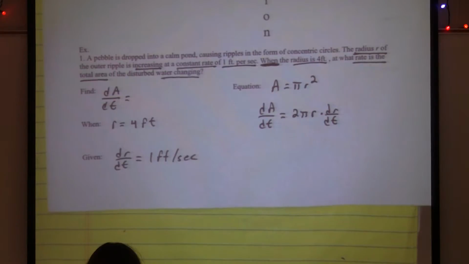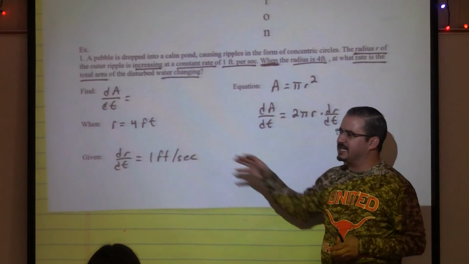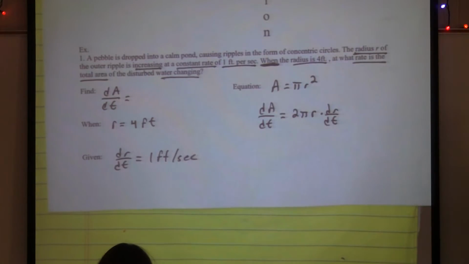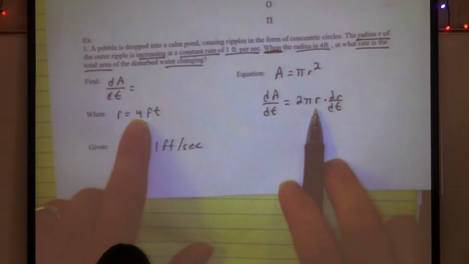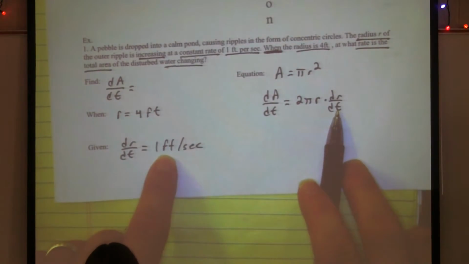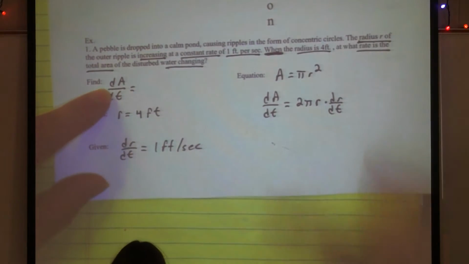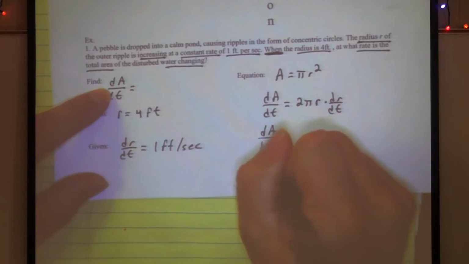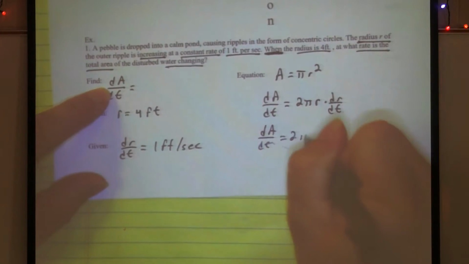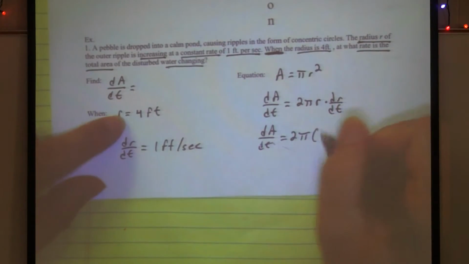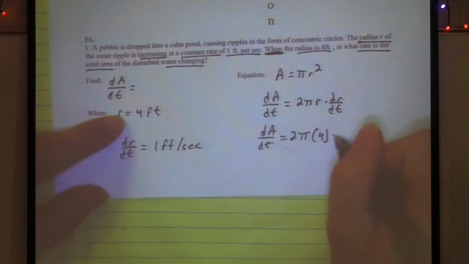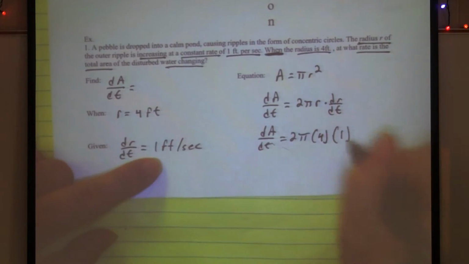Okay, so now at the very end, after I differentiated, now I can substitute things that I know. So do I know what r is? Yes, it's 4. Do I know what dr/dt is? Yes, I know it's 1, and that's going to leave me with this guy, which is what I'm trying to find. So super easy. dA/dt is equal to 2 times pi times what? 4 times 1.